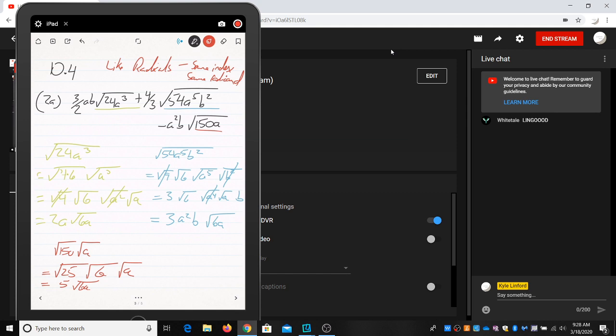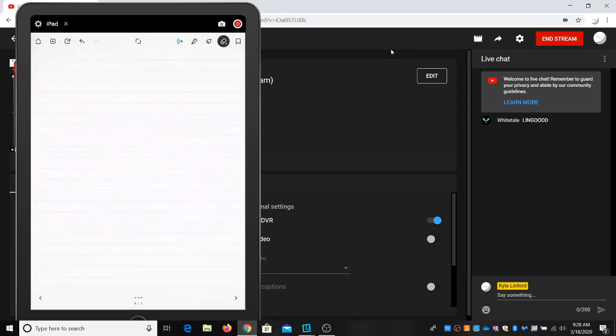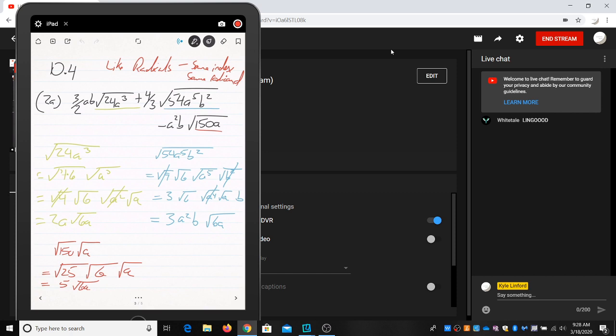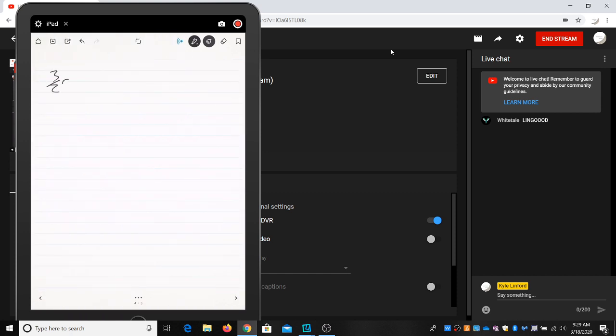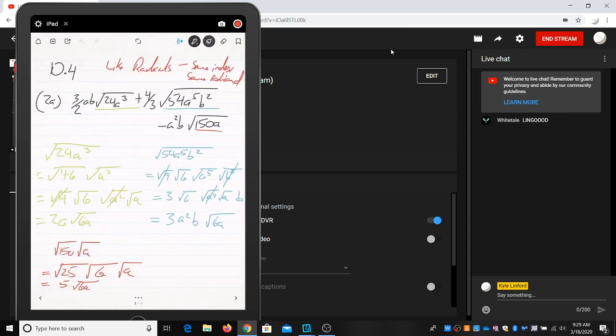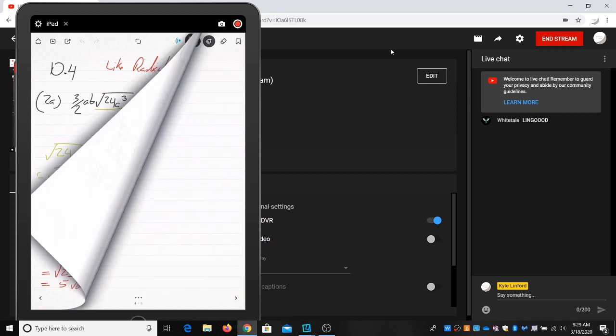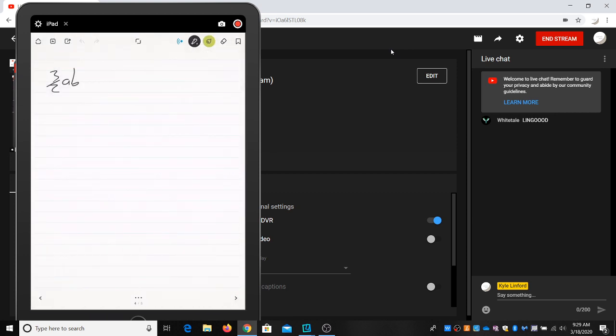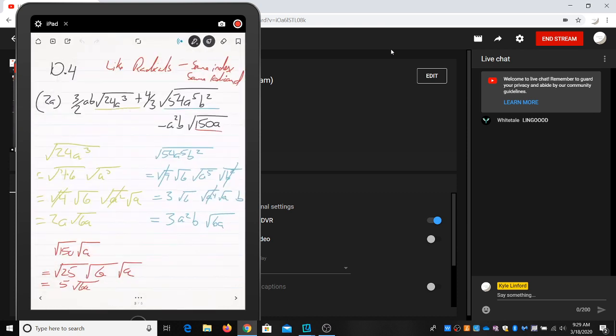So let's go ahead and see what we have here. Let me clear some space. Actually, let me go to the next page. All right, we had, I think it was 3 over 2 ab, and instead of writing the square root of 24a cubed, we're going to write 2a root 6a. Let me try that in green here. 2a root 6a. And then we had to add 4/3. So I'm bouncing back and forth here.